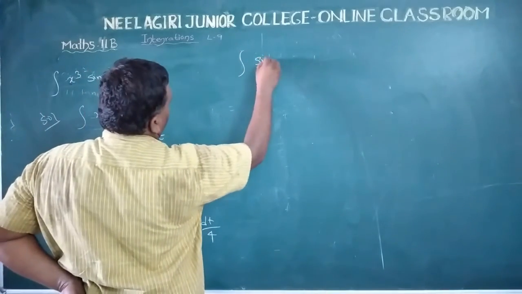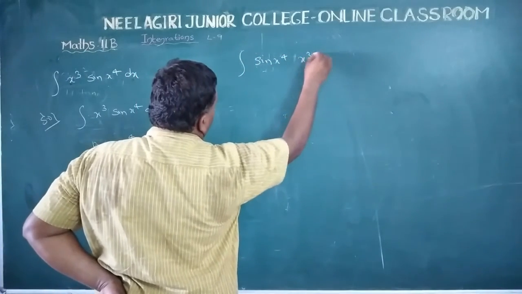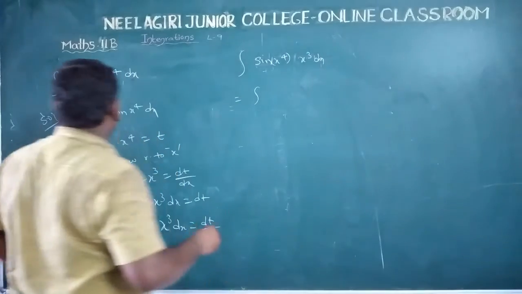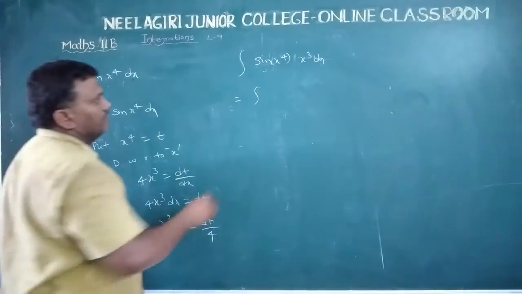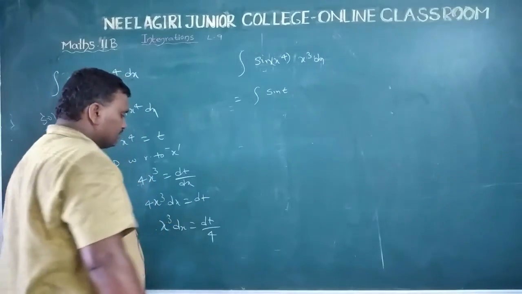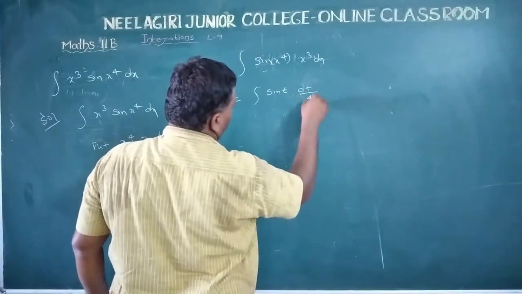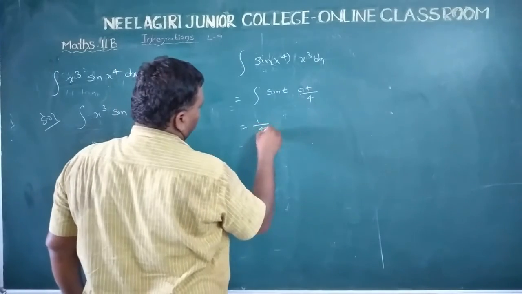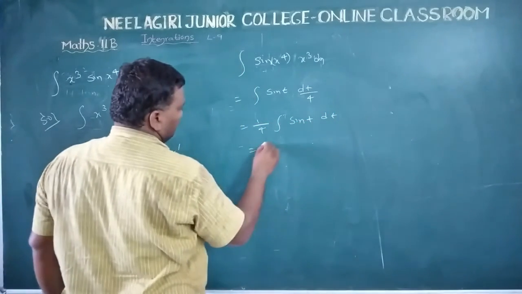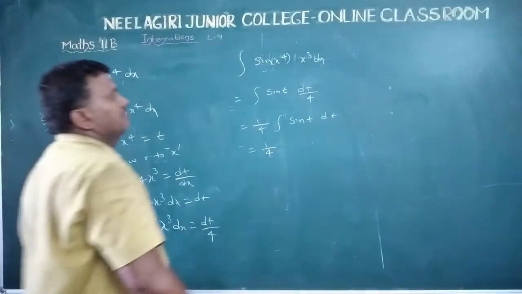Integration of sin of x power 4 into x cube dx is equal to sin t, and x cube dx is dt by 4, so it is 1 by 4 into sin t dt. 1 by 4 into, what is the integration of sin x?